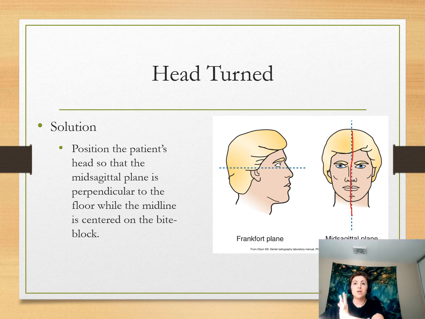It should fall directly between the two eyes, right in the center of the nose, right down the philtrum in the maxillary, and right down the center of the chin. If they have one of those little butt chins, you want them completely cut in half so that you get that even distribution between the two arches. So make sure your patient is centered.